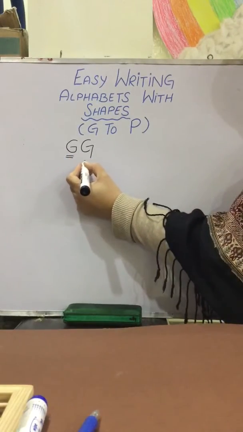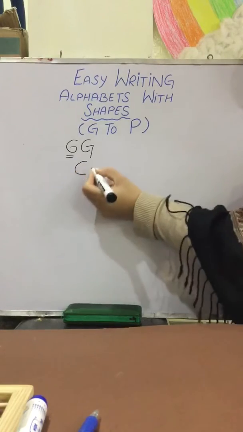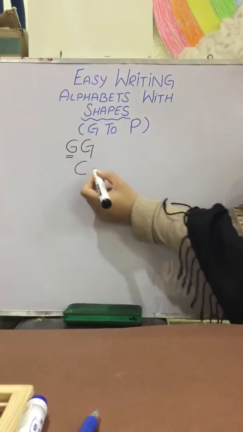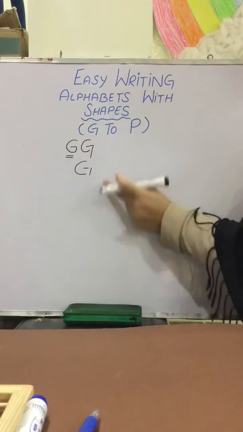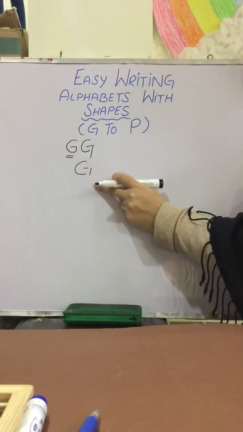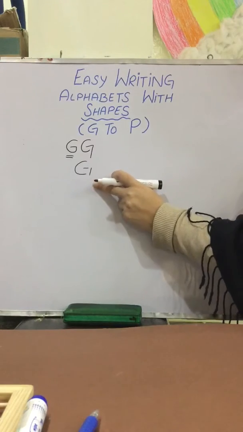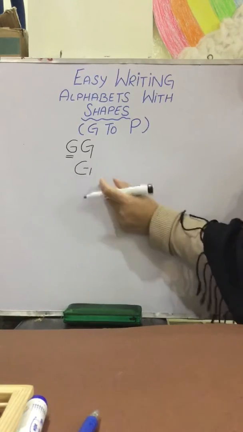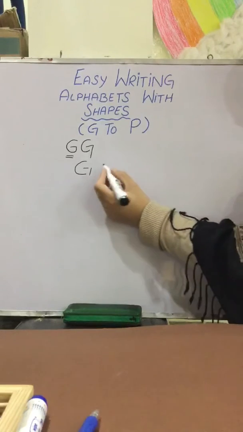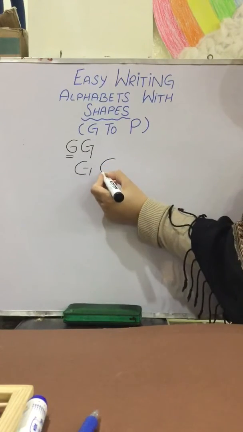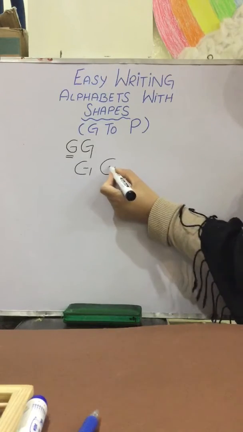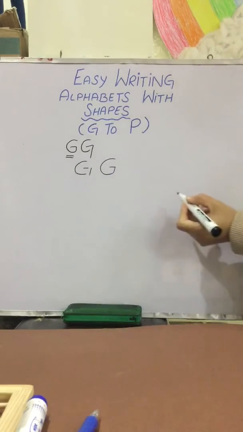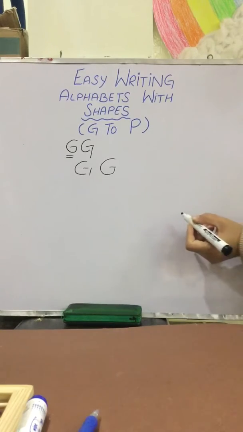These are the points: semicircle right hand side, little vertical, and horizontal. This is the graph pattern that we are using in our Montessori initially. When we join these points together, we get the proper shape of G like this. If we join the point here and here, we get G. This is the proper shape of G.